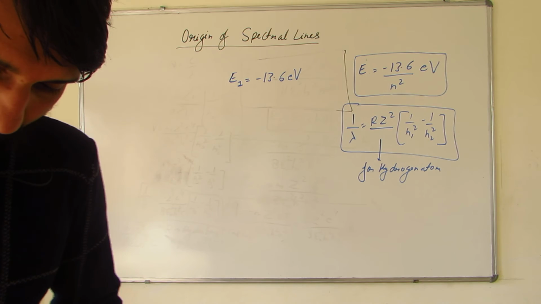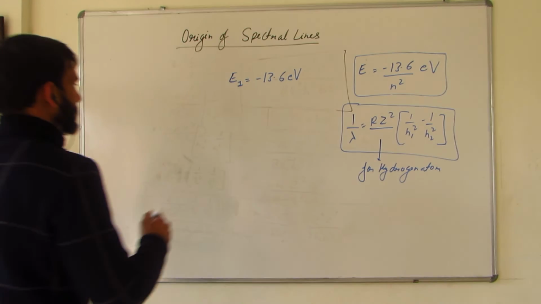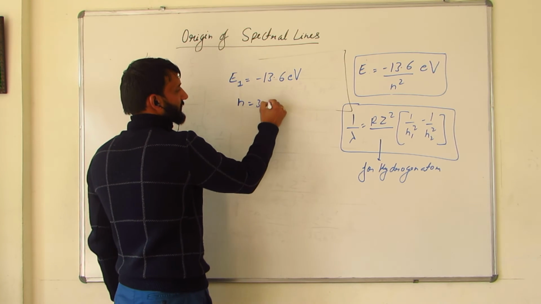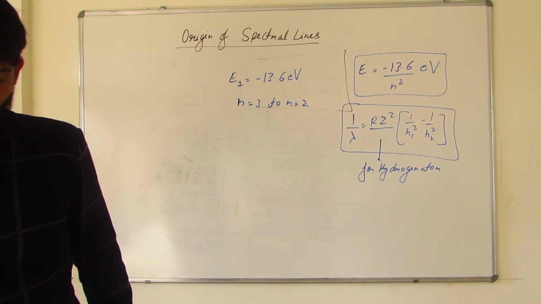Now in the question they are saying that we have to calculate the energy when an electron falls from the third orbit to the second orbit. So n is equal to 3, it is falling to n is equal to 2. We have to find the energy.